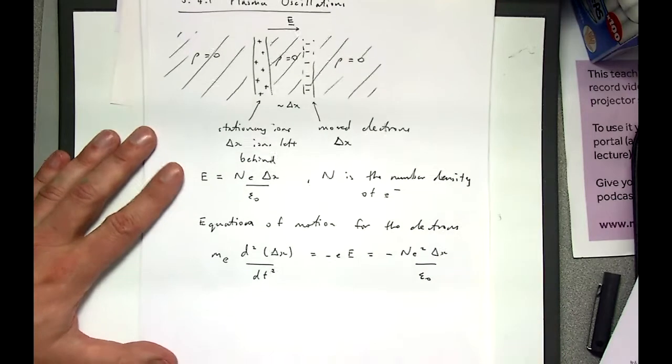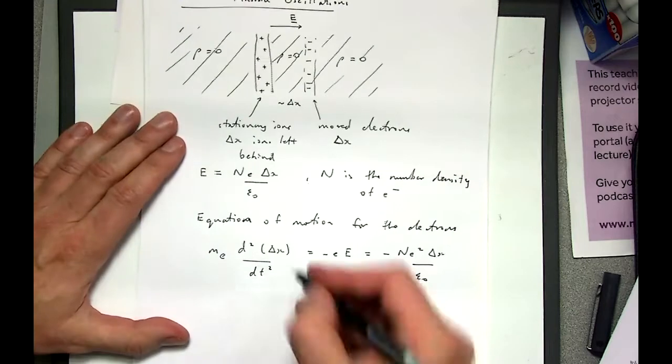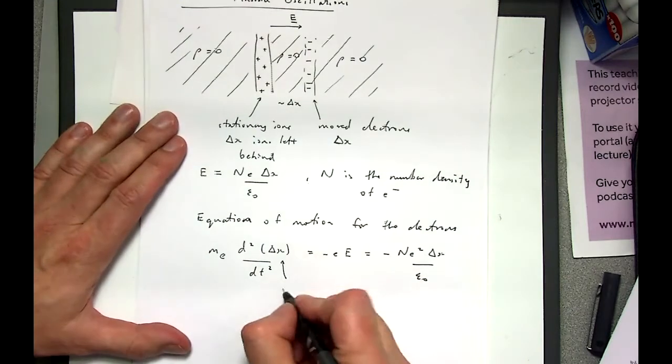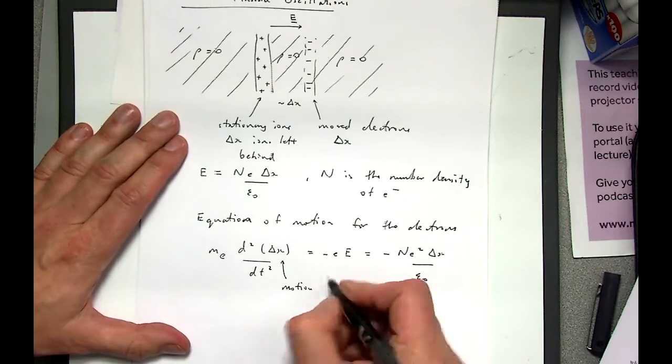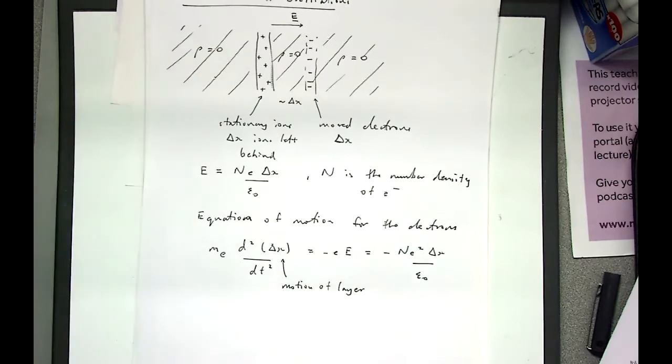So all I've done here is equate the electric field from the moved layer with how big that moved layer is. Remember, delta x is some layer of electrons being moved, and I'm calculating the motion of that layer.